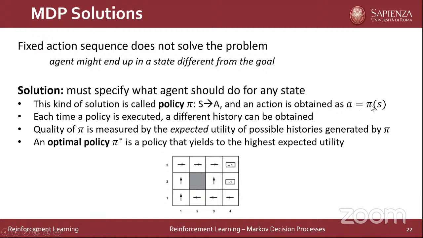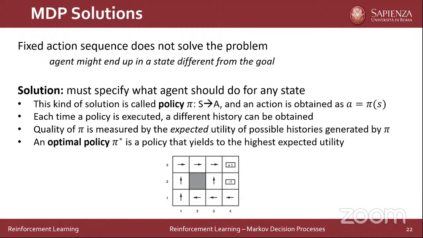Okay, this is to say that pi typically is a stochastic function. It's not a deterministic function in many cases. In several cases, it's stochastic. It can be deterministic sometimes, but not so often.